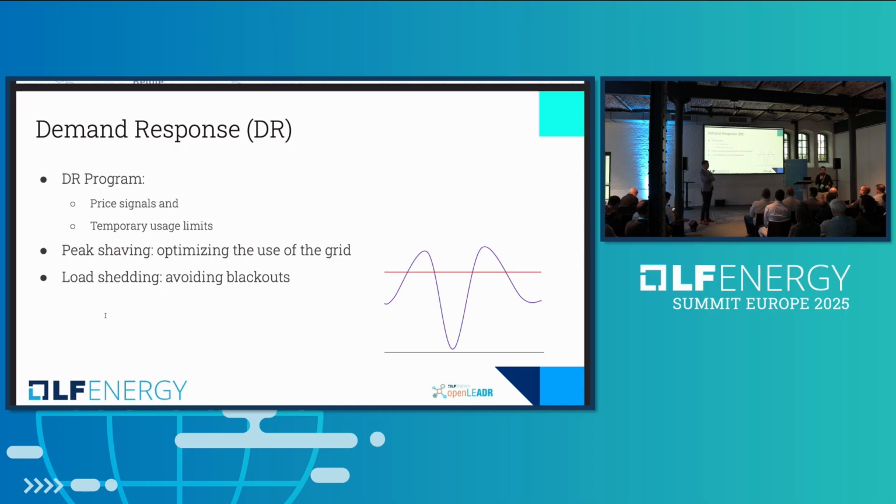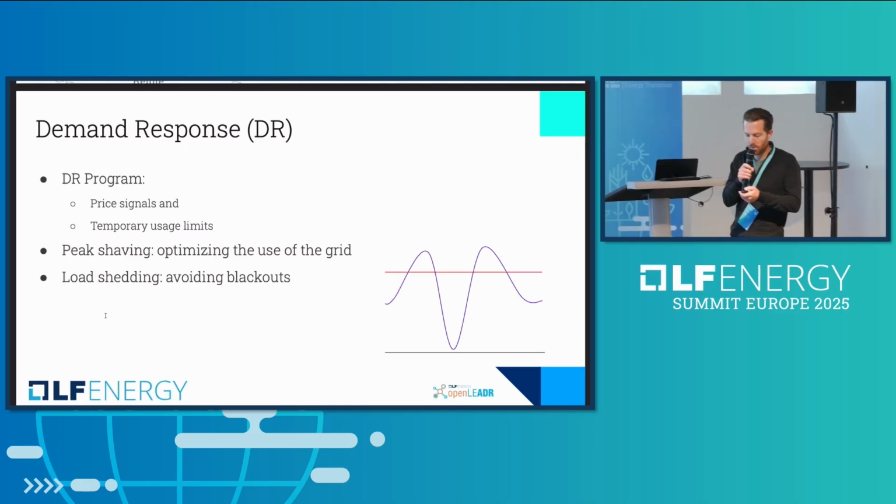Terms that you often hear in this context are peak shaving and load shedding. It's very much related. Peak shaving mostly refers to reducing the morning and evening peaks, and load shedding is really trying to force consumers to temporarily adjust their consumption behavior.